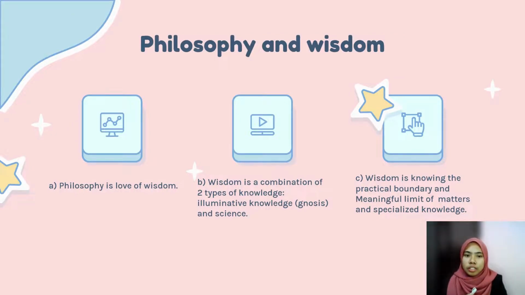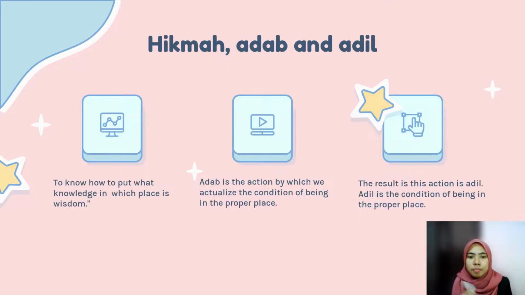Philosophy and wisdom. Philosophy is love of wisdom. Wisdom is a combination of two types of knowledge, which are illuminating knowledge and science. Wisdom is knowing the practical boundary and meaningful limit of matters and specialized knowledge. Hikmah, adab, and adil.